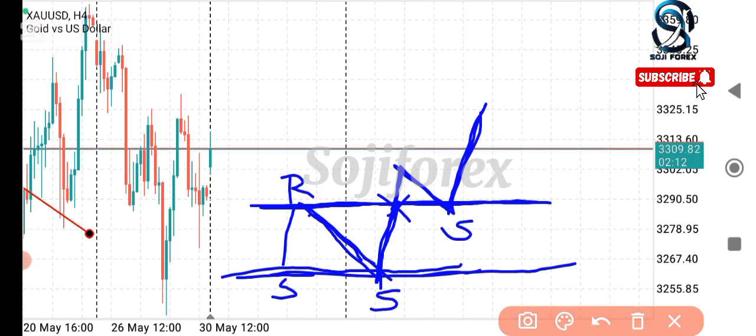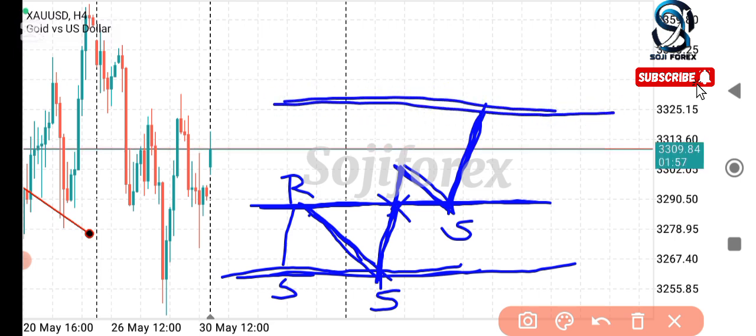So that is just the ideology behind it. When a resistance zone is broken and price retests it and continues to the upside to create a new resistance, here now becomes our new resistance. So it means that automatically the previous resistance becomes a support because price has broken through it.